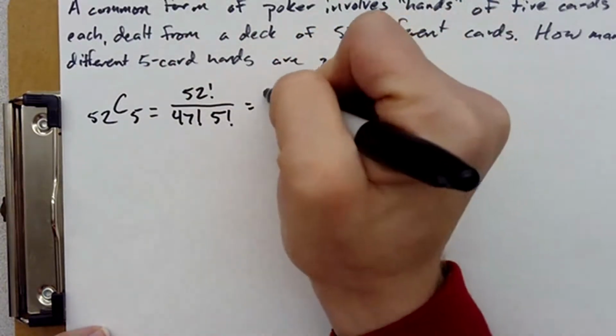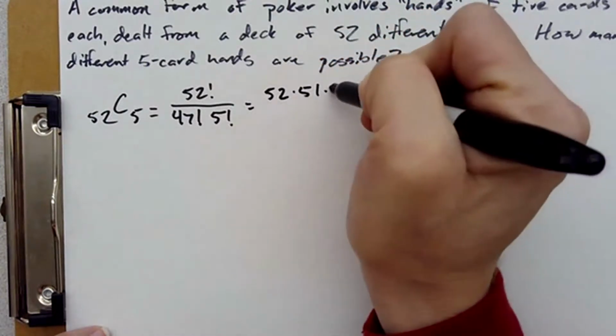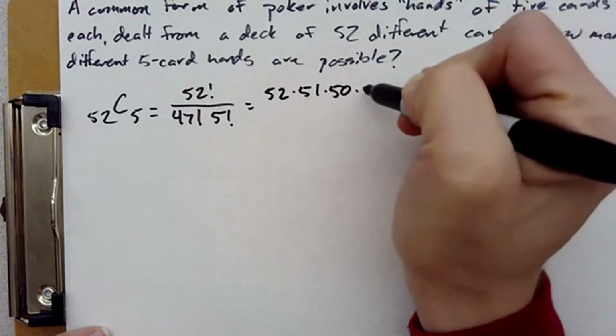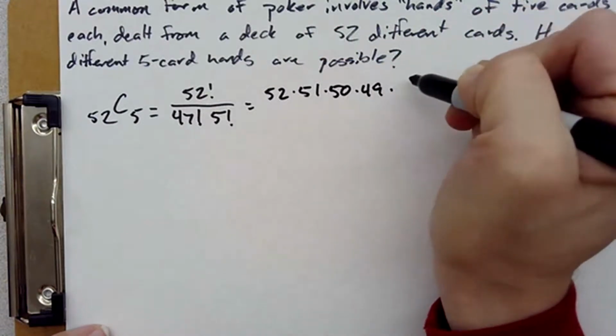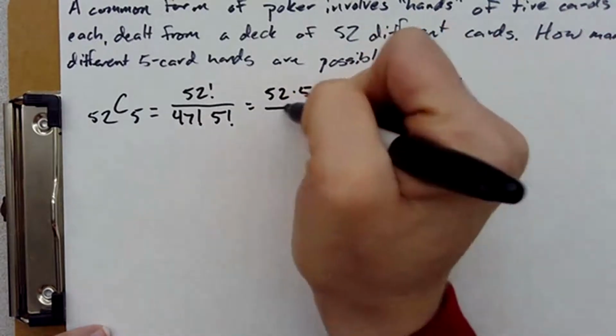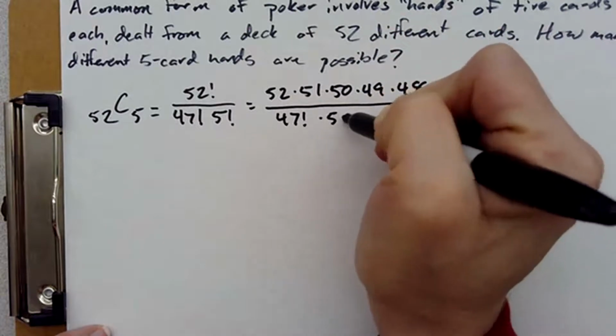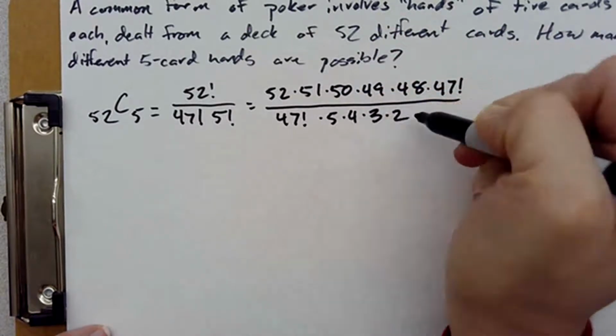Okay, well, that's 52 times 51 times 50 times 49 times 48 times 47 factorial over 47 factorial times 5 times 4 times 3 times 2.